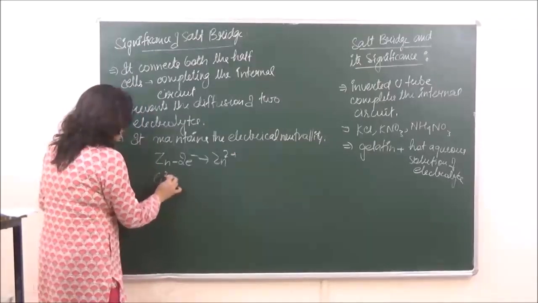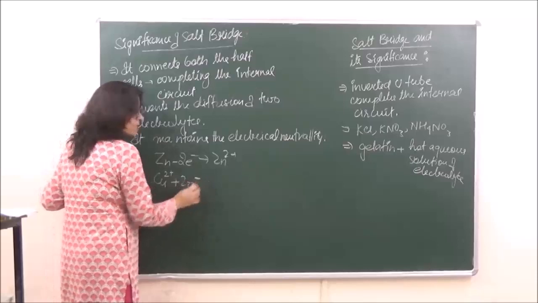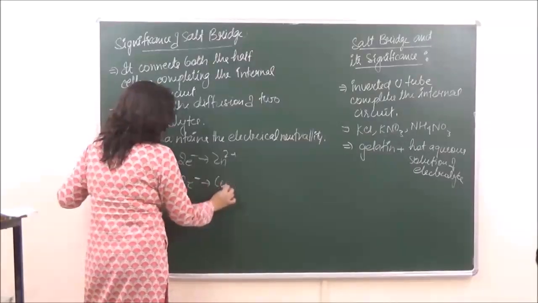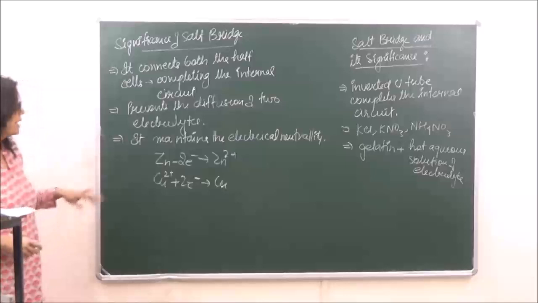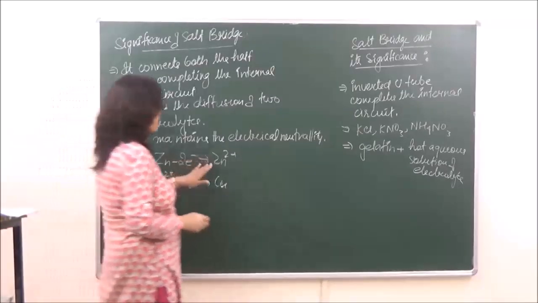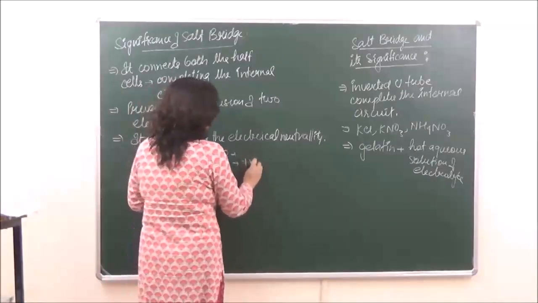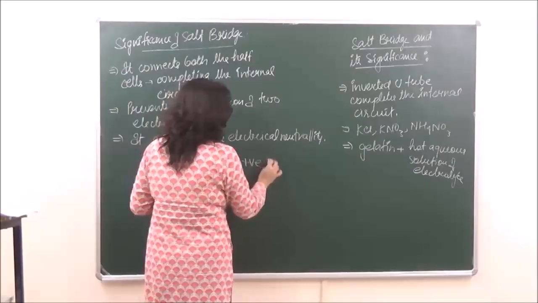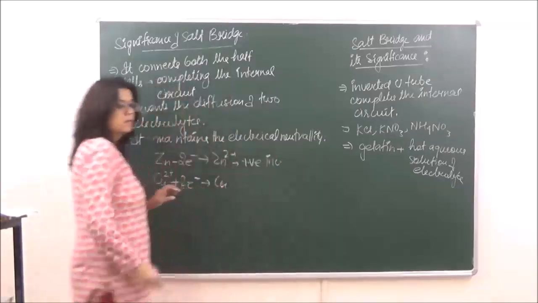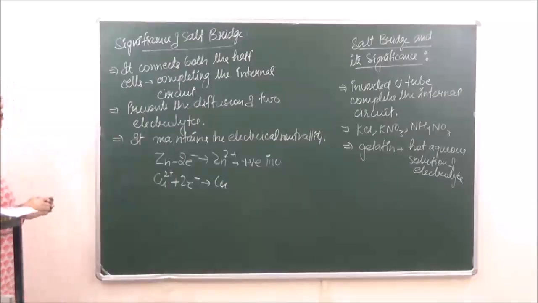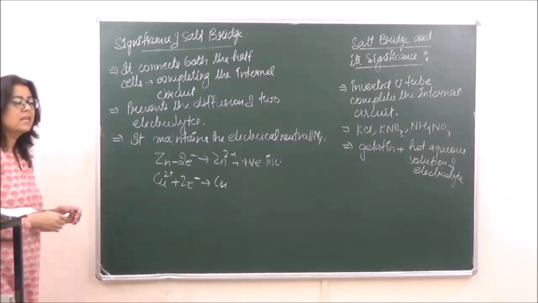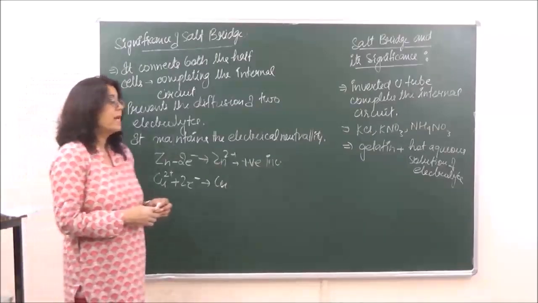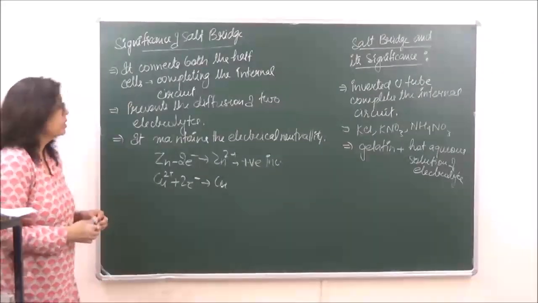Similarly, when copper 2+ is gaining two electrons in the reduction half cell, it gives us copper. Now in the first case, the oxidation half cell, the positive charge in the solution or the electrolyte increases. If there is more positive charge, a reverse reaction can take place, as a result of which the current will stop flowing and the cell becomes non-operational.